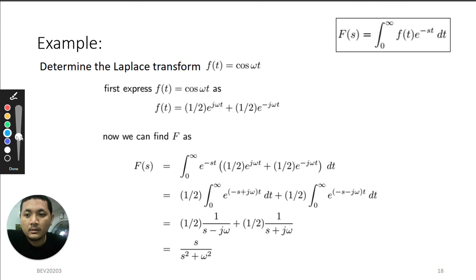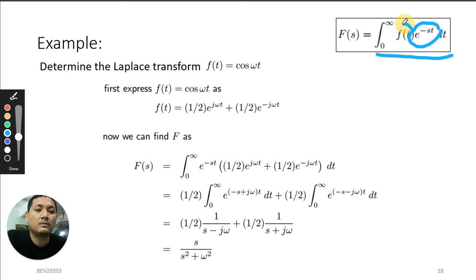Same thing here. We represent or convert cos omega t into exponential form. Then we can solve this equation, because this is in exponential form.